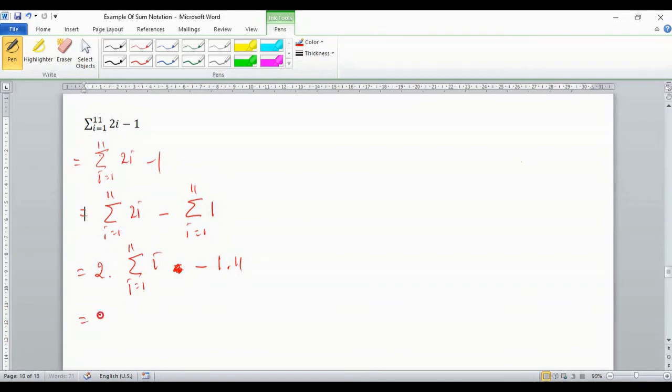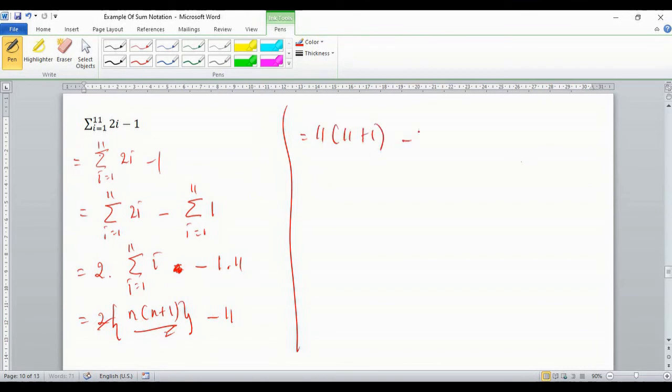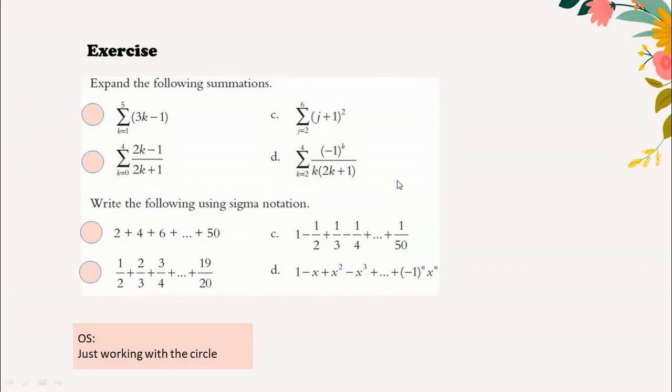So we can write 2 times n times n plus 1 over 2 minus 11. Here we can cancel 2. And what's n? n is 11. So 11 times 11 plus 1 minus 11, which is 11 times 12 minus 11. So this is equal to 121.